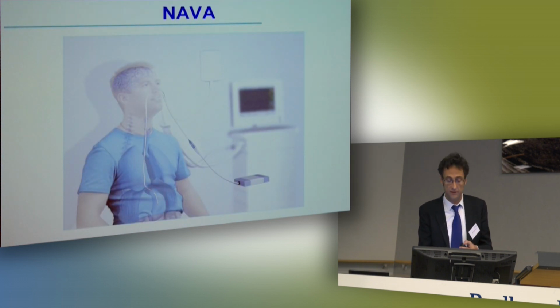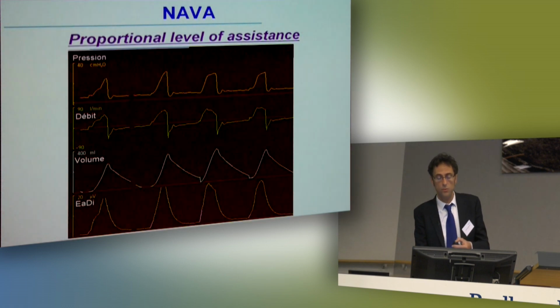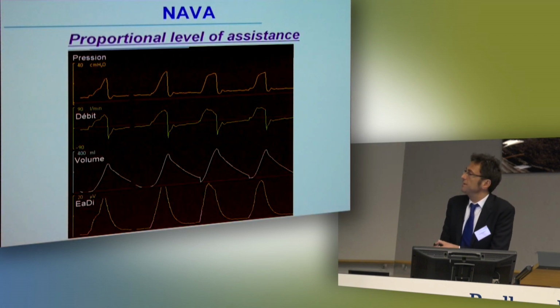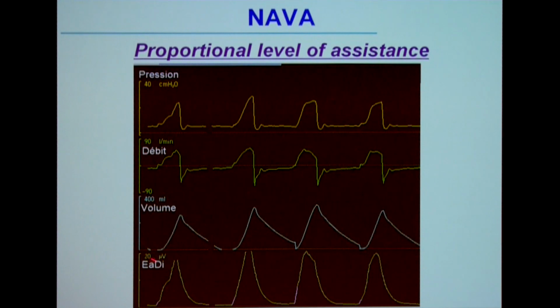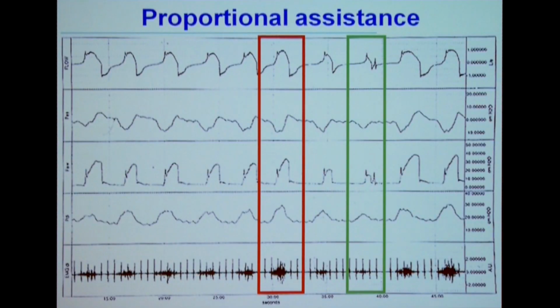This is the case of NAVA, of course, where as we can see here, we have the EDI and here the pressure. As you can see, when the EDI is quite low, there's a low level of assistance, and here we have a higher EDI, and then we have a higher level of assistance. And we have quite the same with PAV.